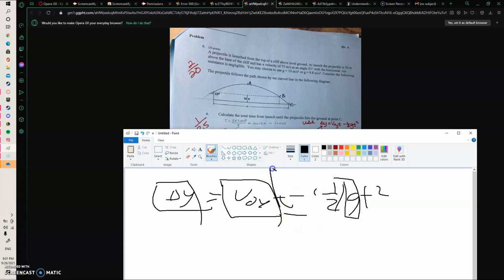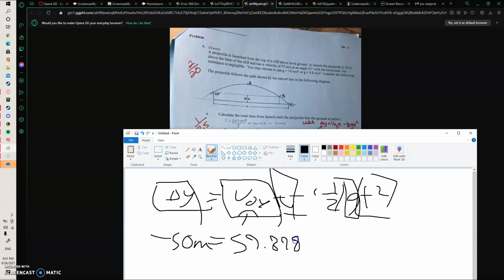All we need is our time. So putting in our values, delta y is negative 50 meters, because that's how far down it dips. We would plug in what we had for Vy, if you remember that, 59.898.